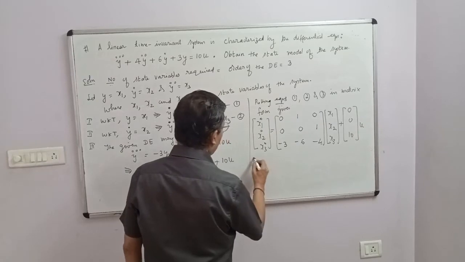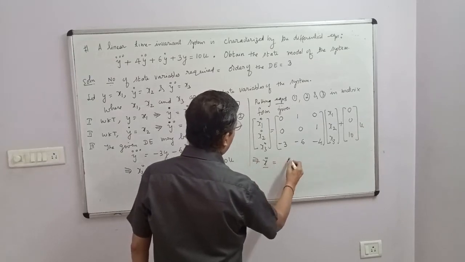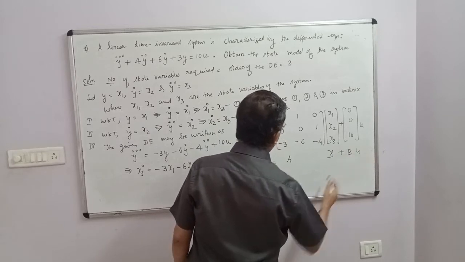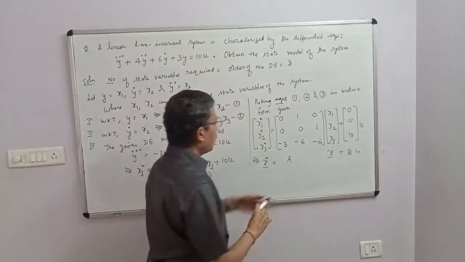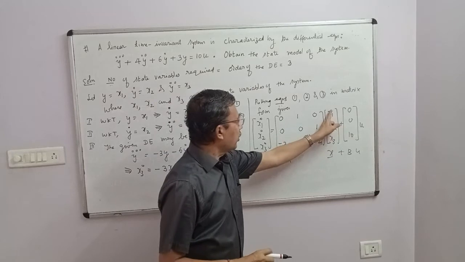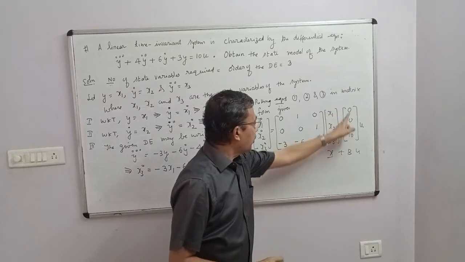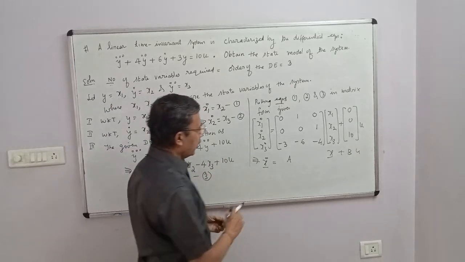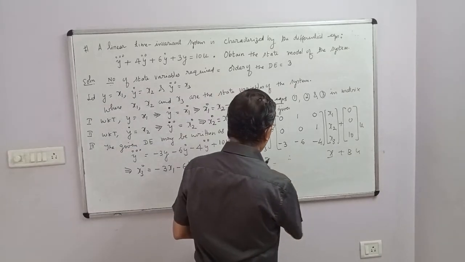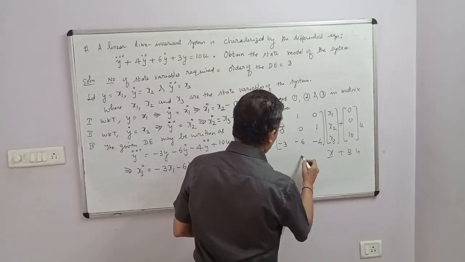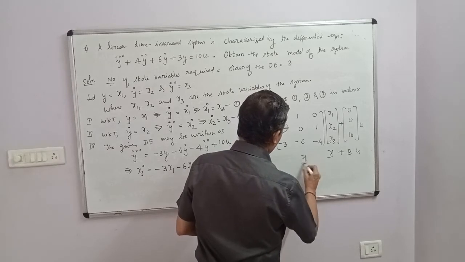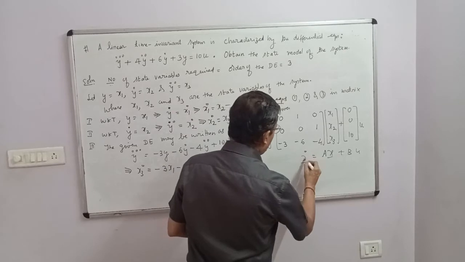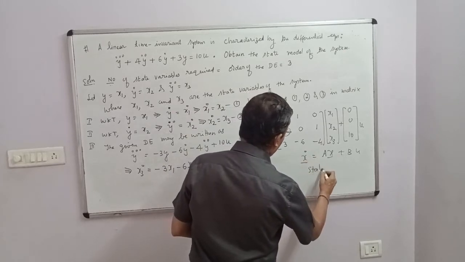This is of the form x bar dot is equal to A into x bar plus B into u. A is this square matrix, x bar is this column matrix, B is this column matrix, and x bar dot is this column matrix. This is called the state equation of the system.